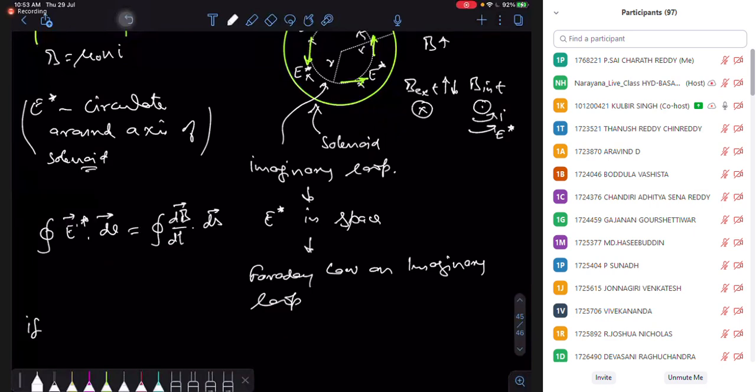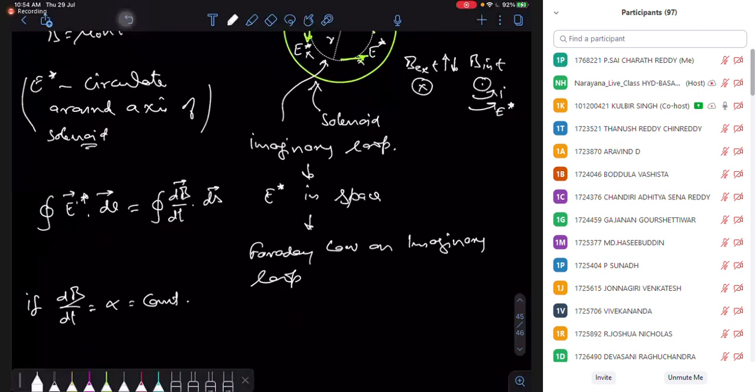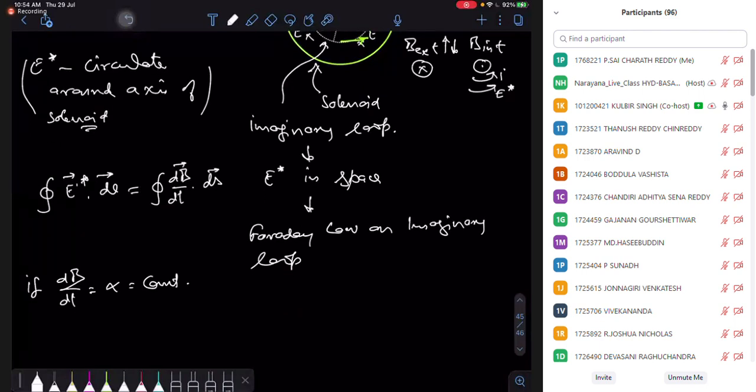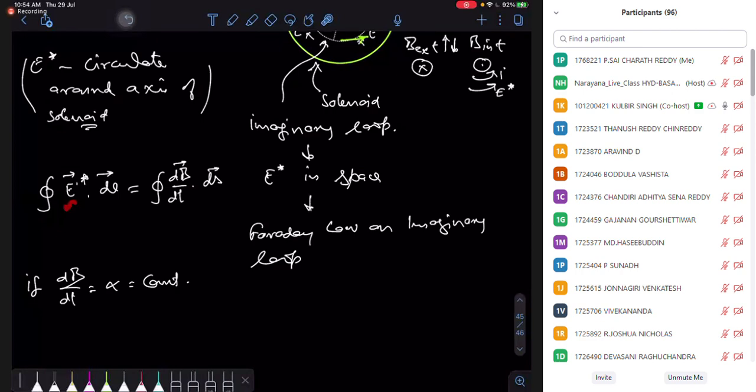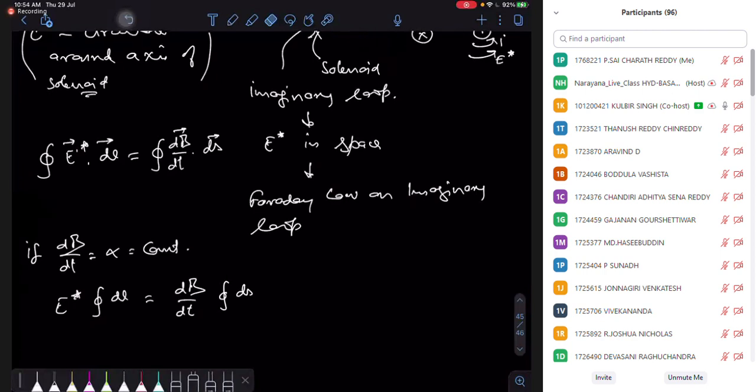As a special case, if the rate of change of magnetic field is a constant, alpha, then what will happen in this case? This value of E, we can take outside the integral, and dB by dt is also going to be outside the integral, and we have the integration on the area.